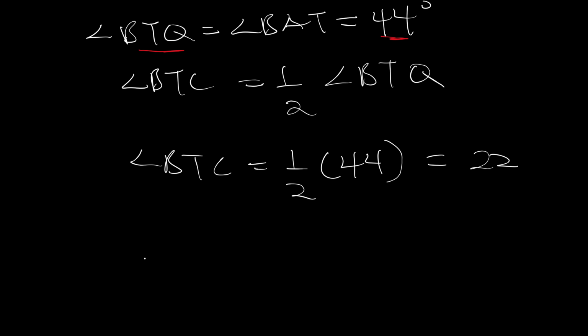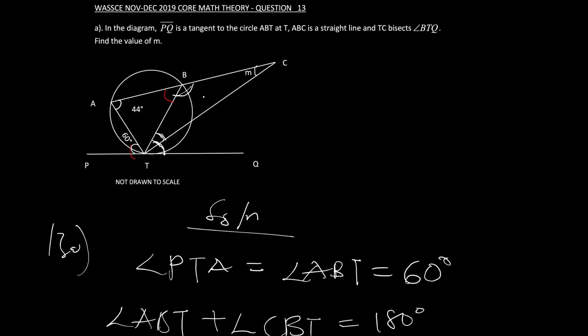So our angle BTC is equal to 22 degrees. Now from the question, we are asked to find M, and we know that angle BTC plus angle CBT plus angle BCT, which is M, is equal to 180 degrees, since interior angles of a triangle add up to 180.